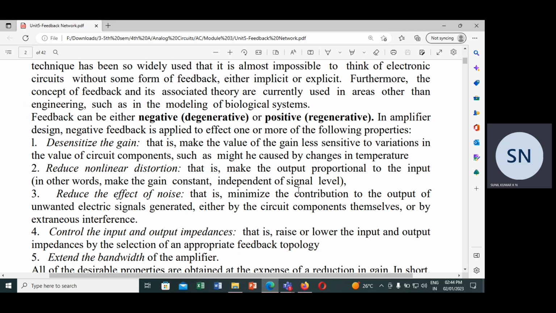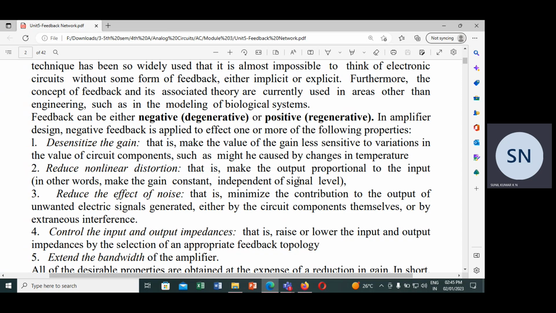The third one is that it reduces the effect of noise. In any communication system or electronic component system, there will always be certain noise added with the signal. Whenever we see the output, there will be variations in that output, caused because of the noise.